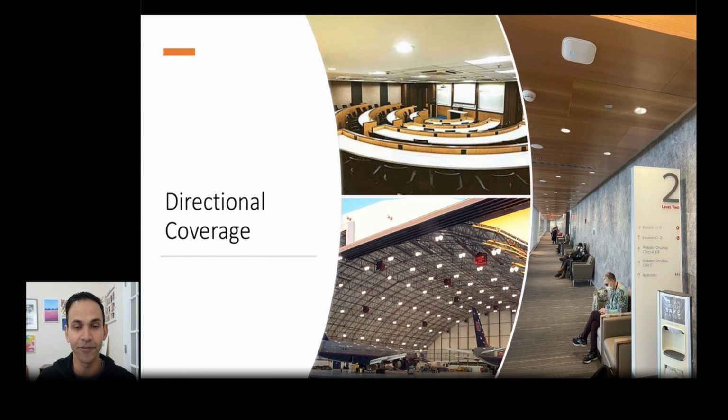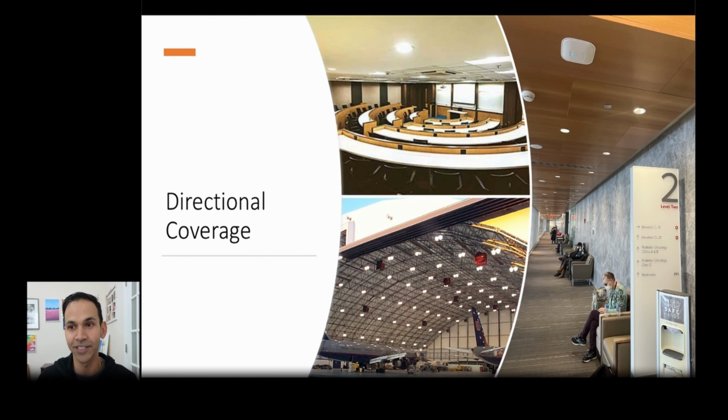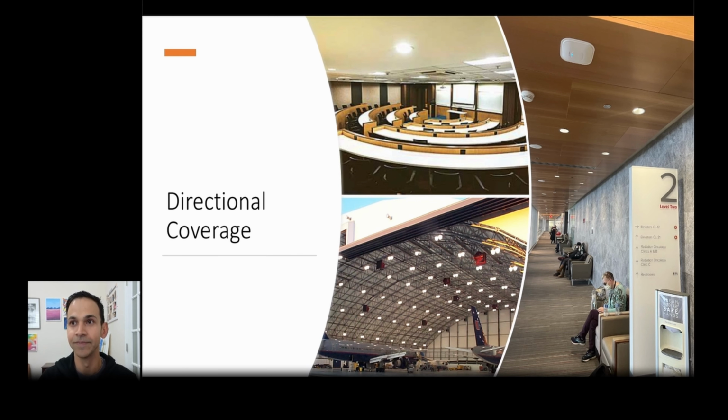And of course, if we go with internal access points, then we know that over time, because of weather conditions and hallways, especially in healthcare or enterprise, we require multiple access points in those areas.